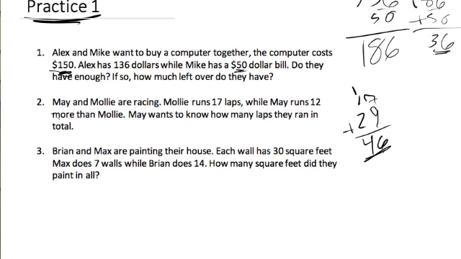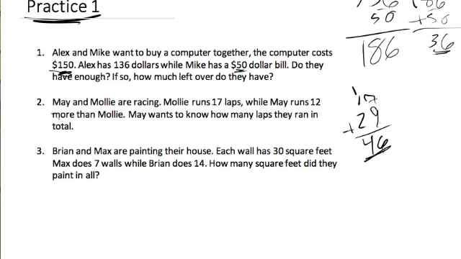For the third question, we have Max and Brian are painting their house. Each wall has 30 square feet, and Max does 7 walls, while Brian does 14. How many square feet do they paint in all? So this one's a little harder. So first thing we're going to do 7 times 30, because that's how many square feet are in 7 walls.